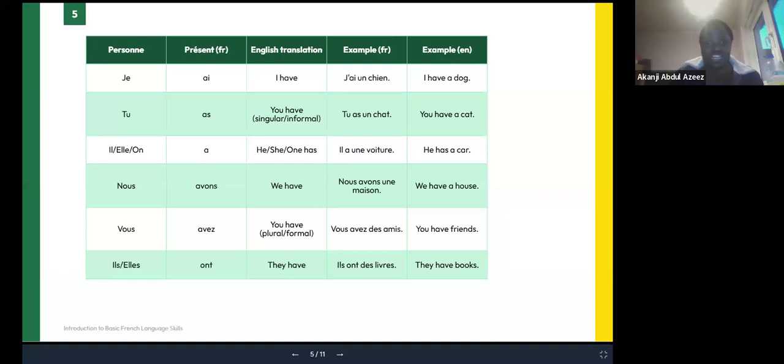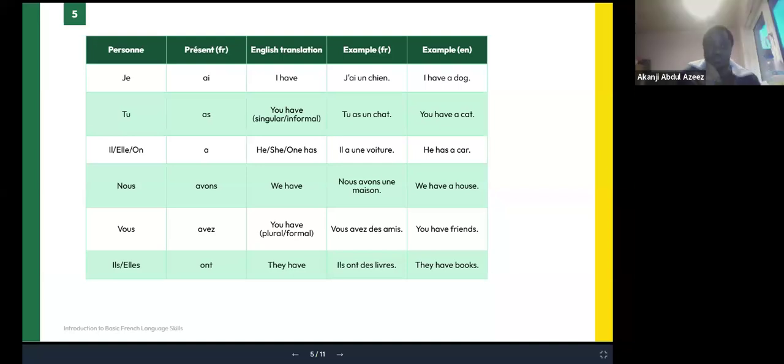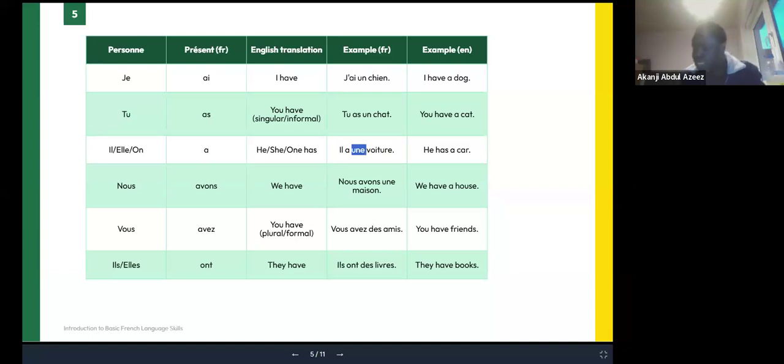Chien is masculine. Un livre, they are masculine. But in this context, voiture is feminine. That is why we use une voiture. That is a car.